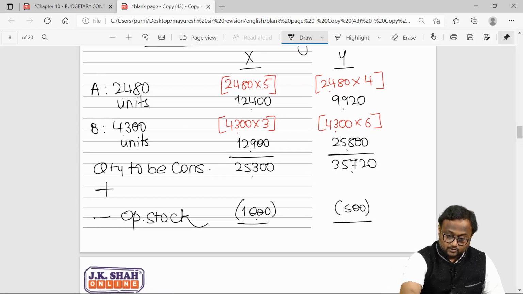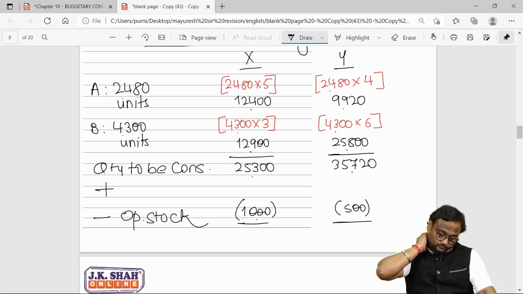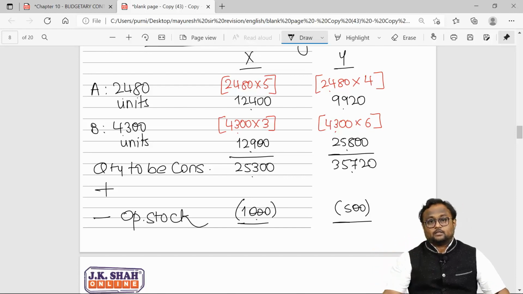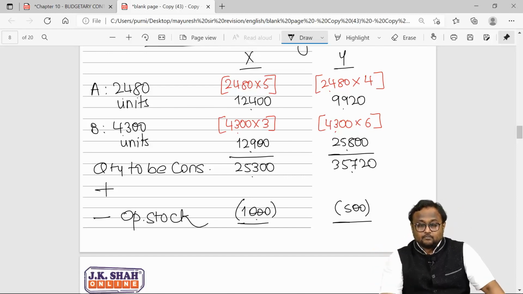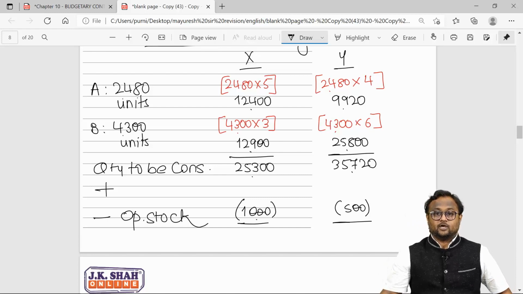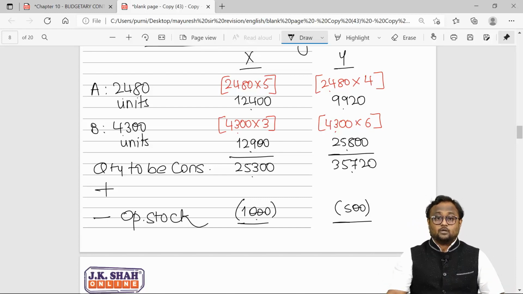So 9920 plus 25,800, 35,720. 25,300 is what I'm supposed to consume, and 1,500 I already have.